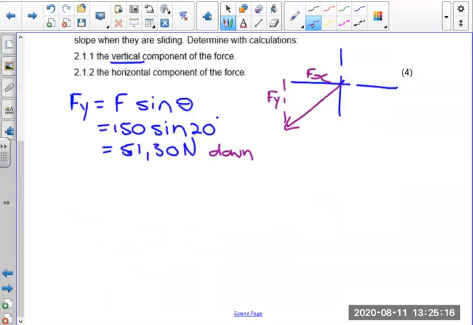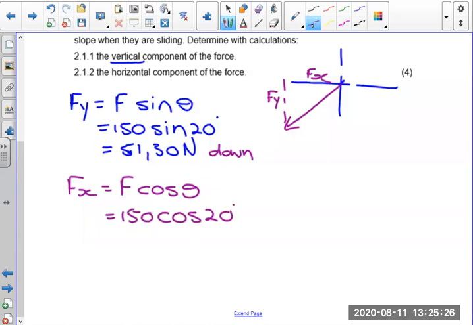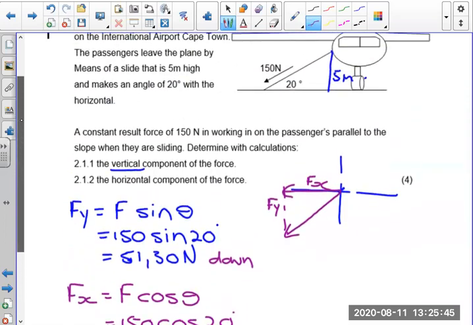For the x component, we use Fx, which is F cos theta. So we substitute in 150 cos 20, and 150 cos 20 will give you an answer of 140,95 newtons, and this will be to the left. Okay, to the left. This is all that they ask. This whole question counted 4 marks, so that's easy.